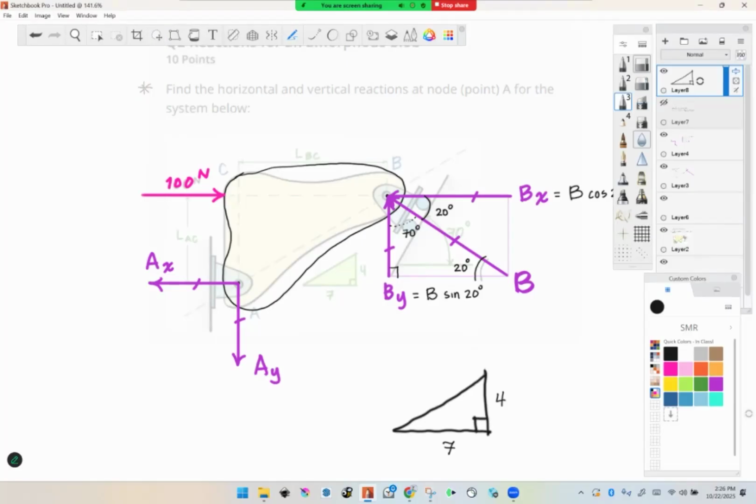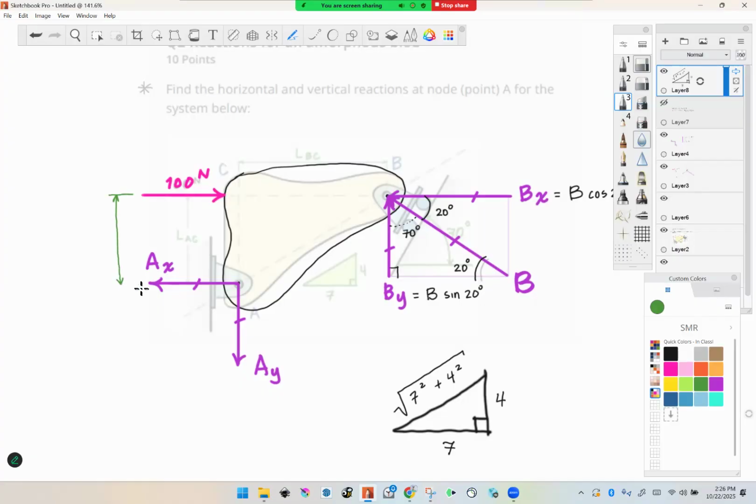So there's kind of two different ways that you can approach this. So I think probably the most common would be that people would figure out this hypotenuse and say 7 squared plus 4 squared, and then express the components in terms of that. But I'm going to take a different tack. I'm just going to hold as my unknown. I'm just going to make this one my unknown.